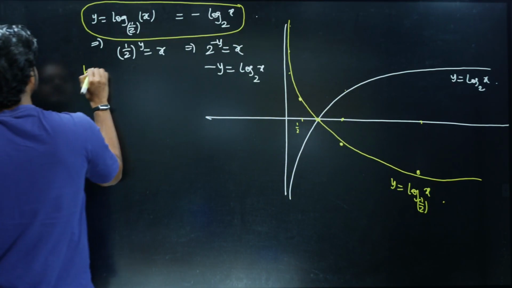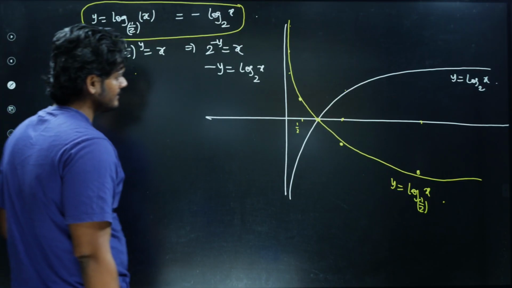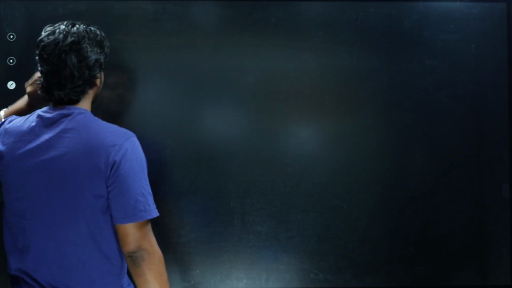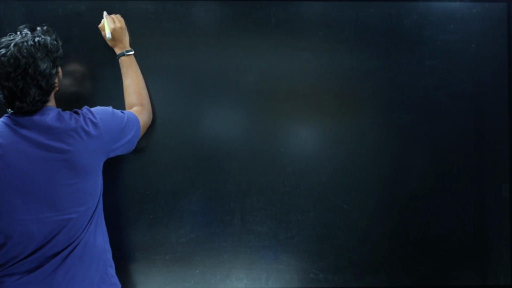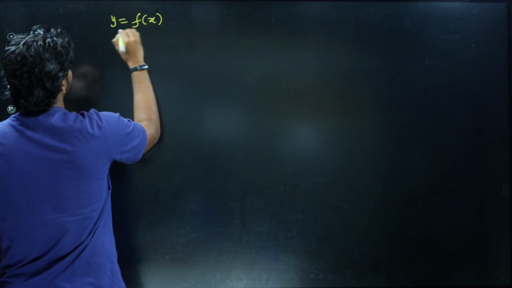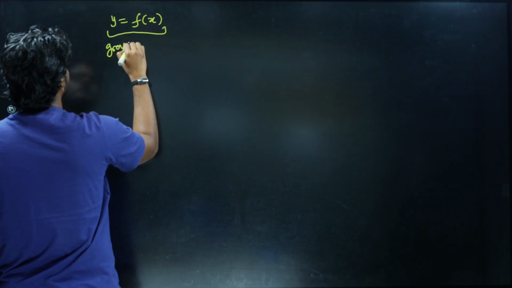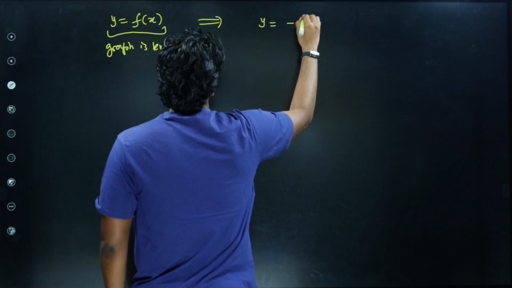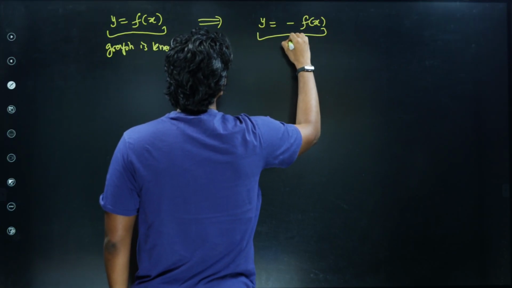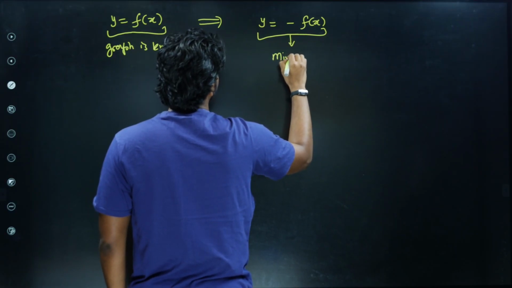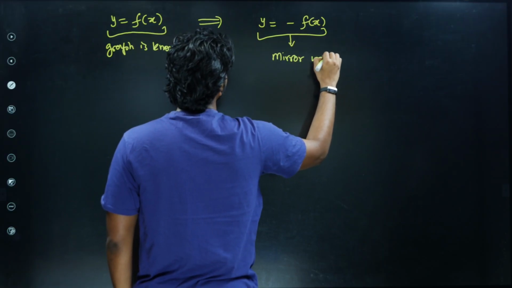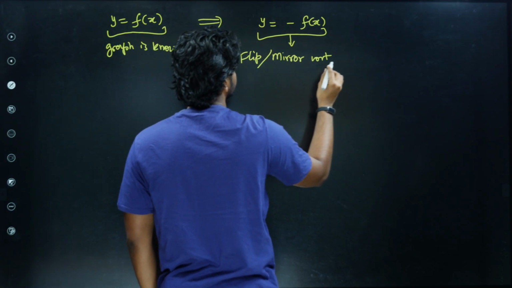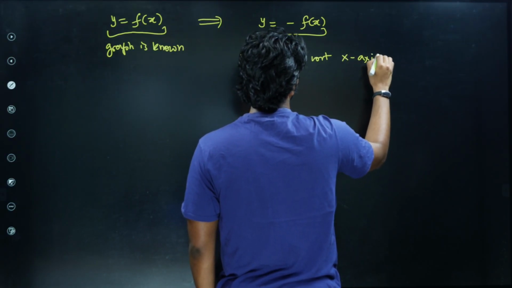So here we are actually dealing with b less than 1 and greater than 0, right? Here we are dealing with a very important thing: if y is equal to f of x is known, graph known, then y is equal to minus f of x is a mirror or flip with respect to the x-axis.